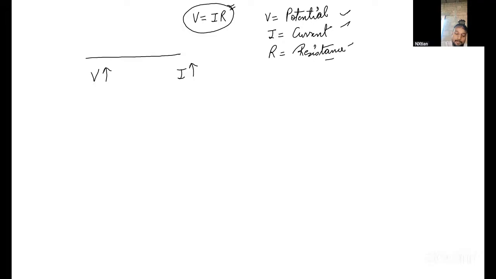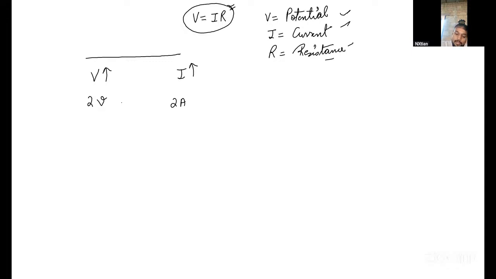For example, I took a 2-volt battery, and in the 2-volt battery, for example, I got 2 ampere current. This is random data which I'm taking.